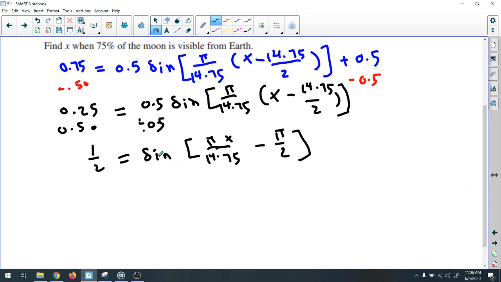So now it's time to eliminate sine. We will bring arc sine to both sides.